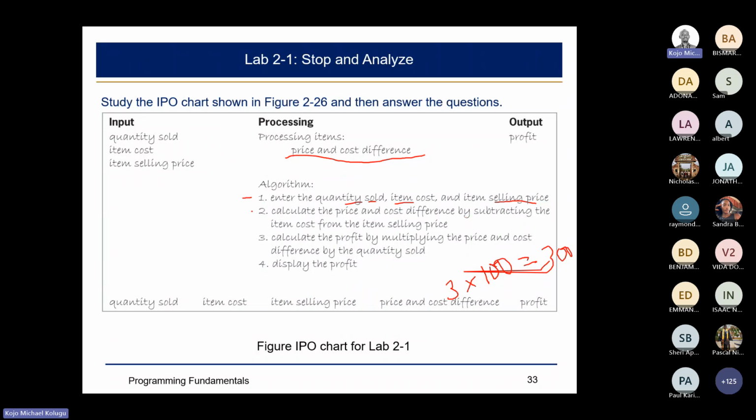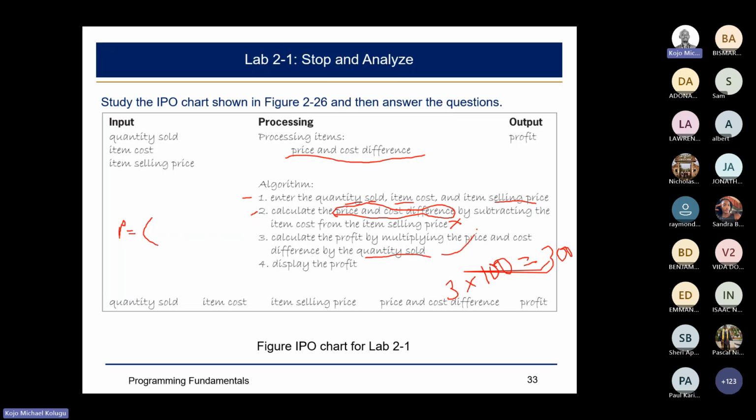So step 2 will be profit, straightforward, P. You can say profit equals the difference between price and the cost, all of it times the quantity sold here.